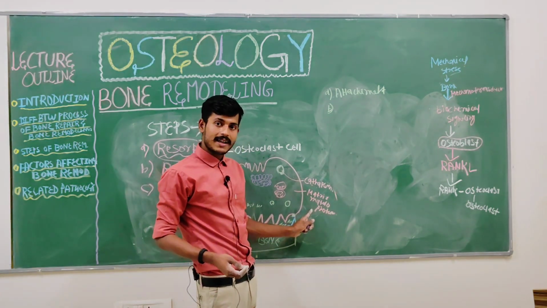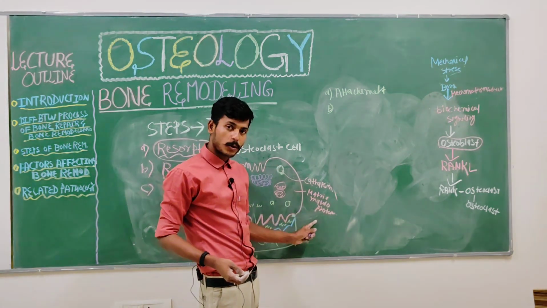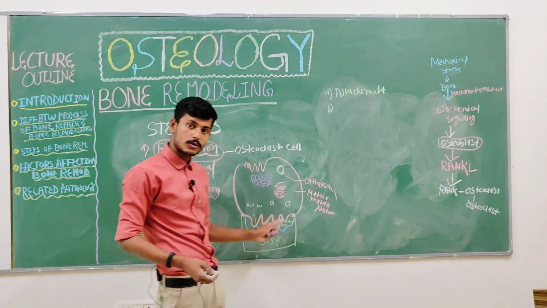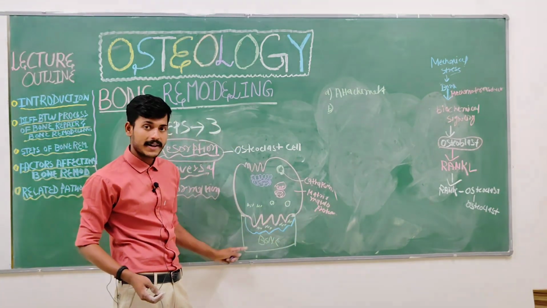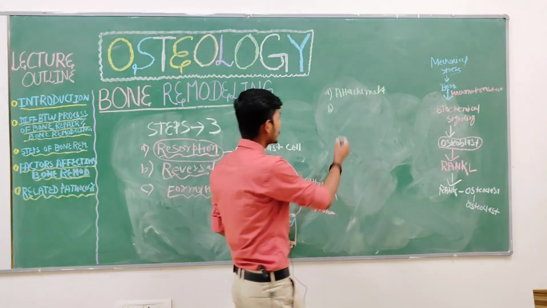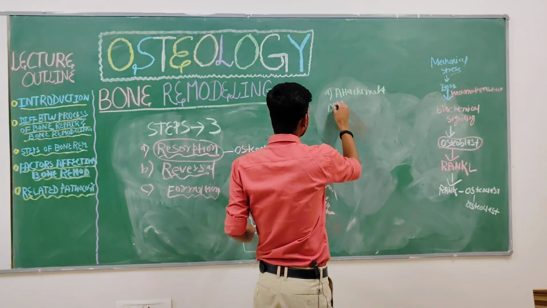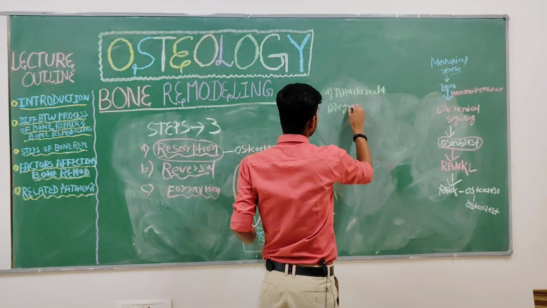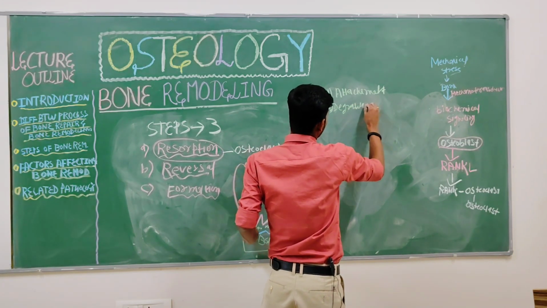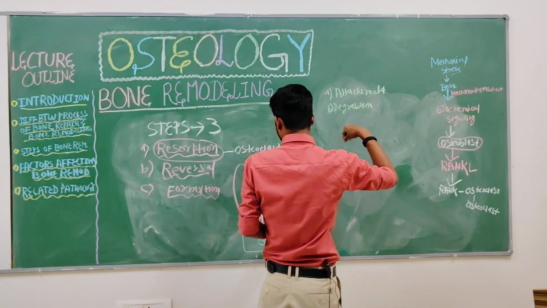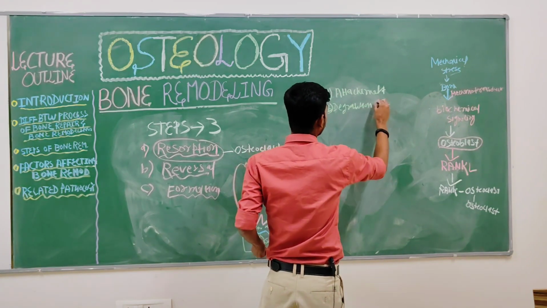Then there is one more enzyme called matrix metalloproteases. They are also digesting the bone matrix part. So in the second phase there is degradation of the bone minerals.